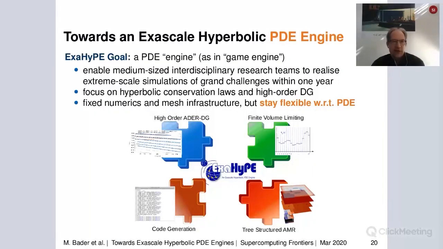The goal of ExaHyPE was to build a PDE engine in the sense of a game engine. So we're using fixed numerics and mesh infrastructure, but we want to stay flexible with respect to the PDE that is actually solved at the end. We are again using a high-order ADER-DG variant, but which now works on tree-structured adaptive mesh refinement grids, so octree-type grids.